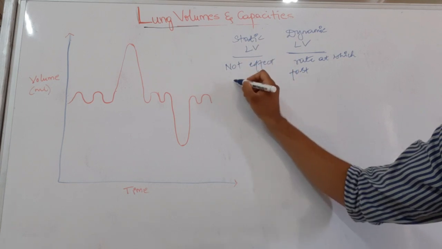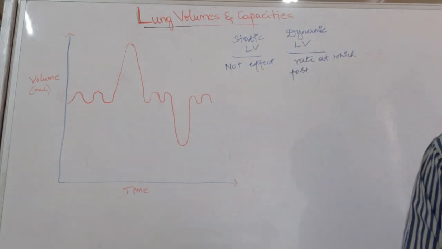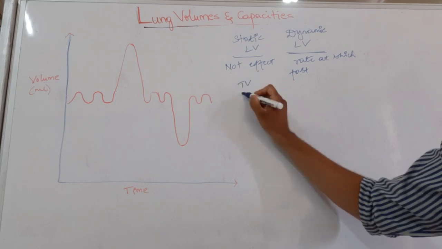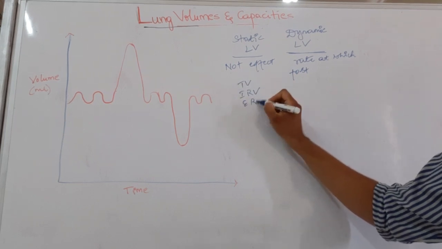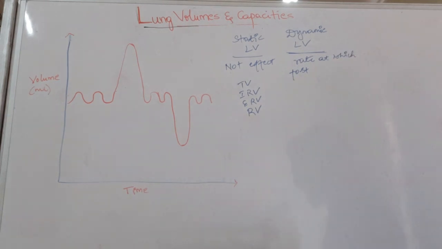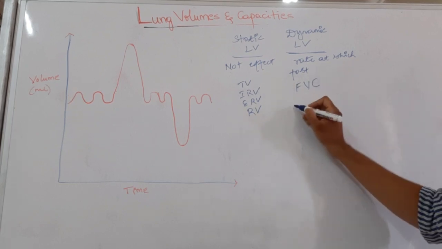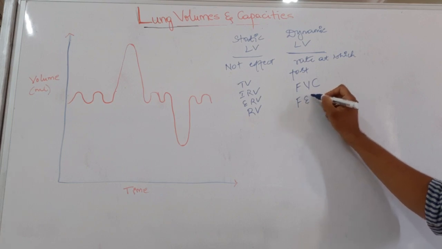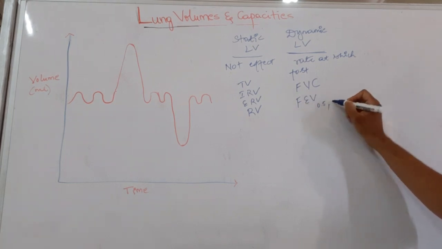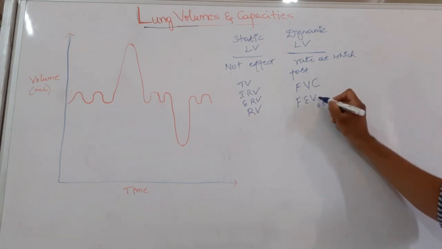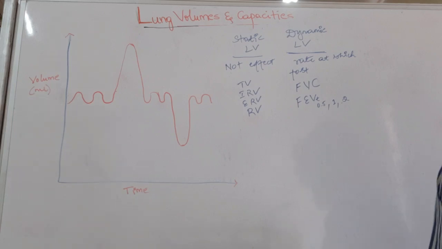In case of static lung volumes, there are about 4 volumes that are described: tidal volume, inspiratory reserve volume, expiratory reserve volume and residual volume. Whereas in case of dynamic lung volumes, we have forced vital capacity and forced expiratory volume for 0.5 second, 1 second or 2 seconds, etc. So it is forced expiratory volume T, where T determines the time at which it is measured.